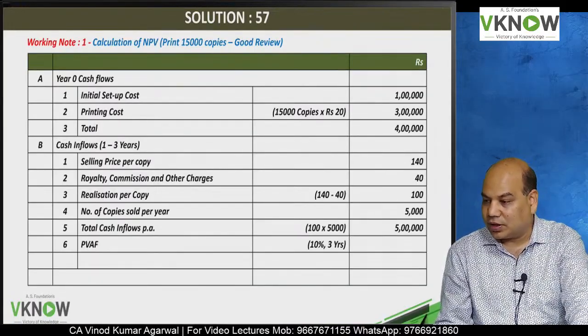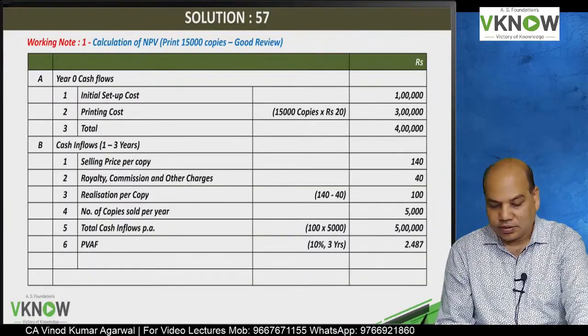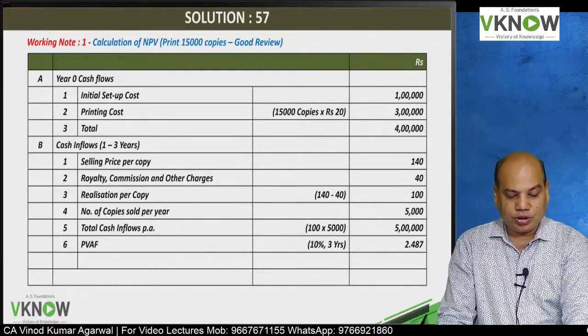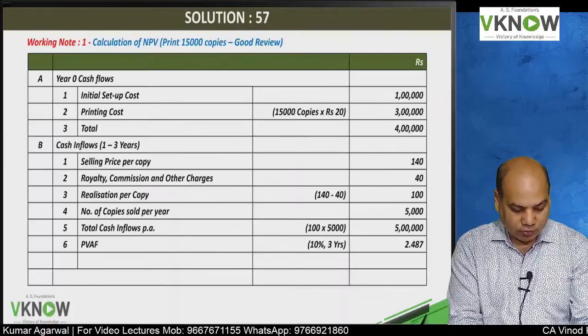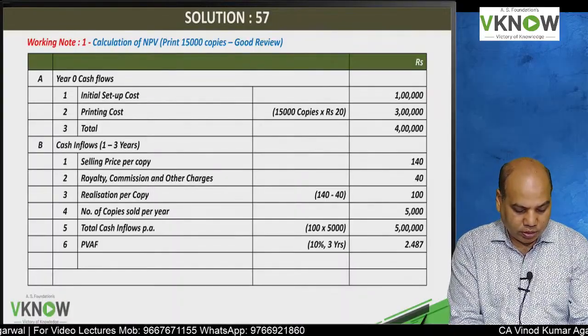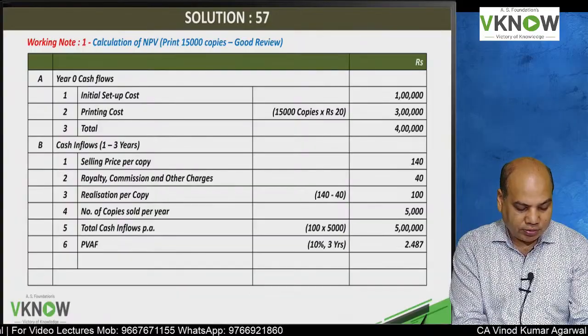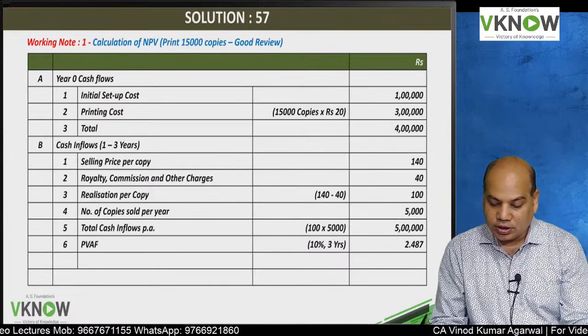How much is the annuity factor? 2.487. Please check 2.487. Is it right? 1 divided by 1.10, raised to 3, equal to GT. 2.486 is right. 2.487. You are right.